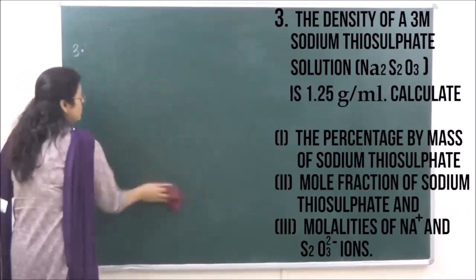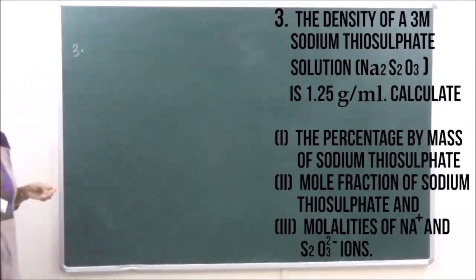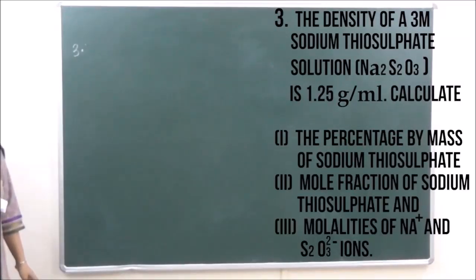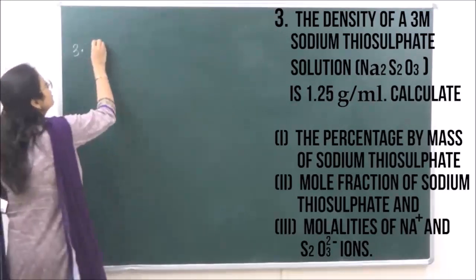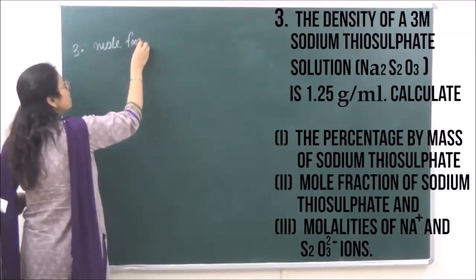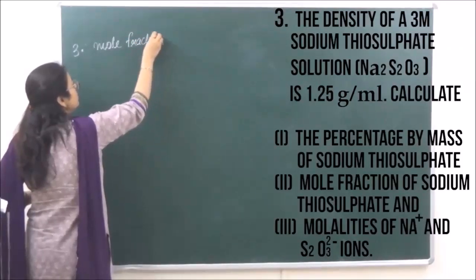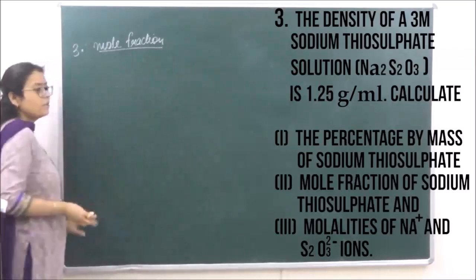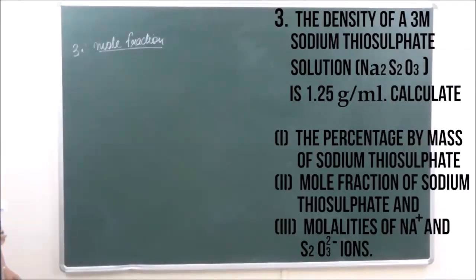The second part of the question is to calculate the mole fraction of sodium thiosulfate. In order to calculate the mole fraction, we have to first calculate the number of moles.